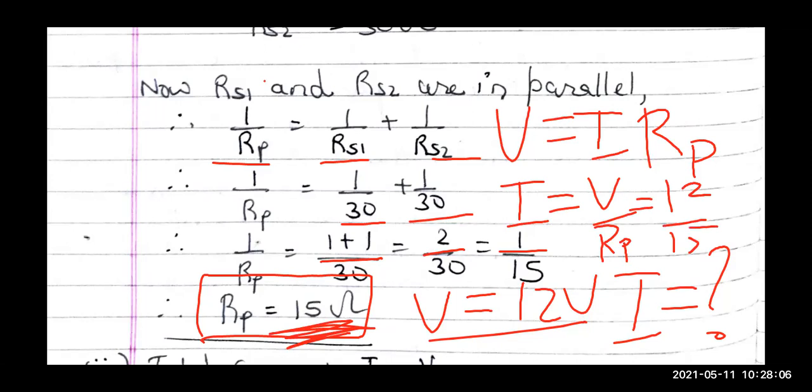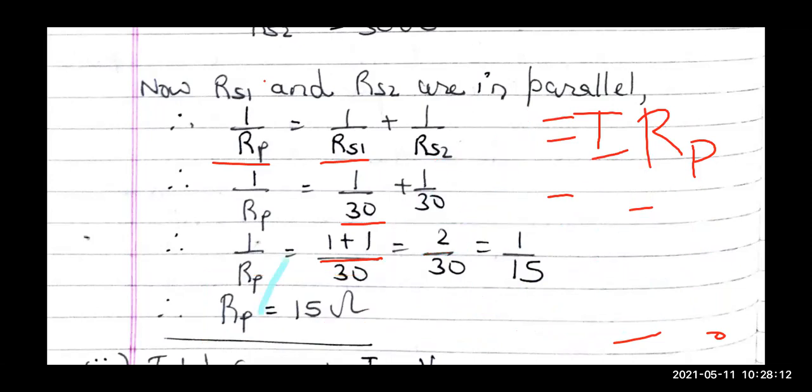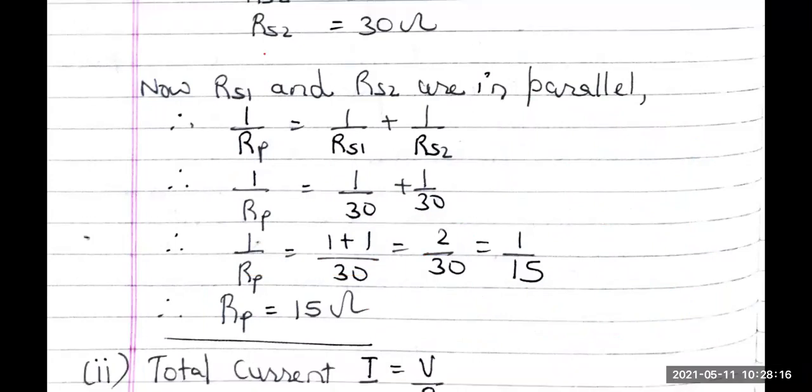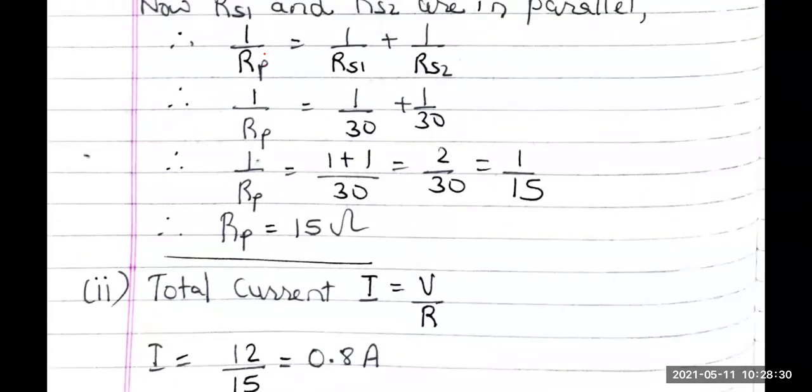So your current is 12 by 15, and 12 by 15 comes out to be 0.8 ampere, right? So the total current is I equals V by R, from Ohm's law. V is 12, the total resistance R is 15. 12 by 15 is 0.8 ampere. Okay, beta?